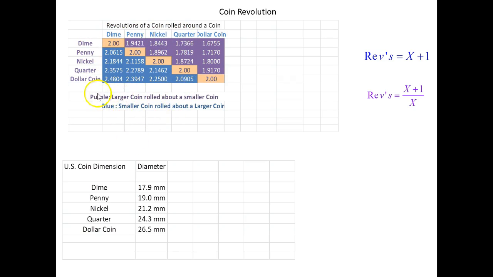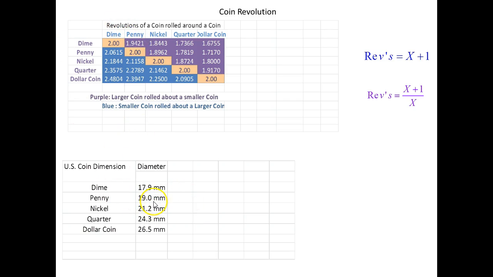The way I have this arranged is like this. The purple is the larger coin rolled about a smaller coin. So what's in purple are the numbers that relate to the larger coin rolled about a smaller coin, like a penny being rolled around a dime. The penny is larger than the dime.